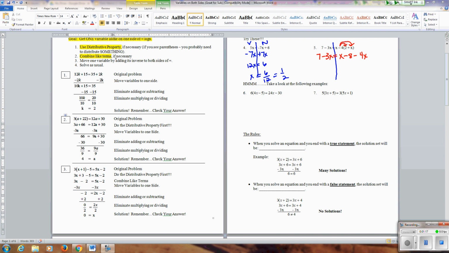Going to this combining like terms, step 2. Over here I have 1x, positive x, but then I have a -4x, and I can just go ahead and put those together. They're already on the same side, so I can just put them together. There's no writing down below, nothing. Notice I am not doing that.